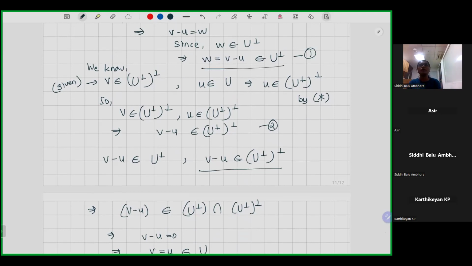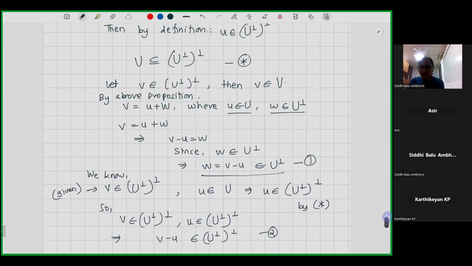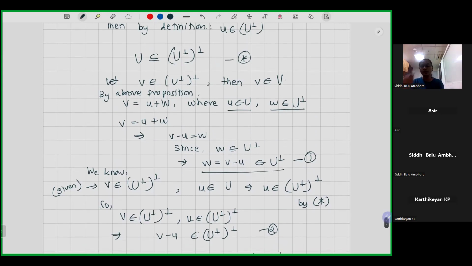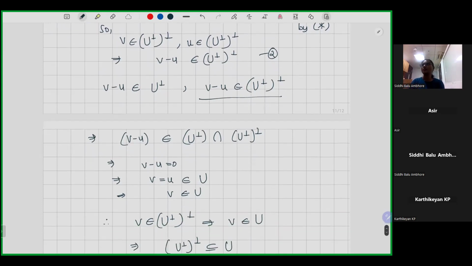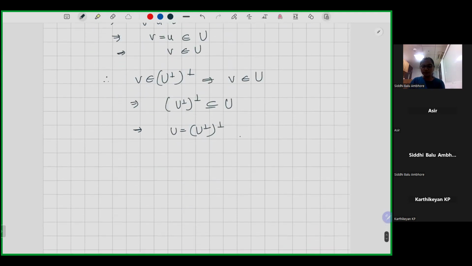Okay. This is really important because this happened only because we could write this. And that's why we arrived at the conclusion that this element is in both U perp and U perp perp, then it has to be 0 and V is equal to U. And since U is in U, V has to be in U and so on.